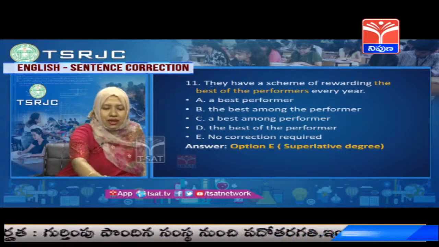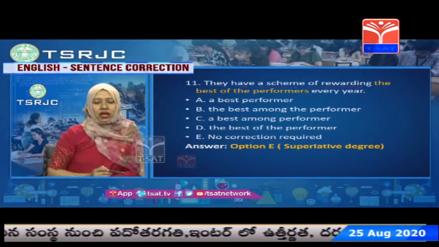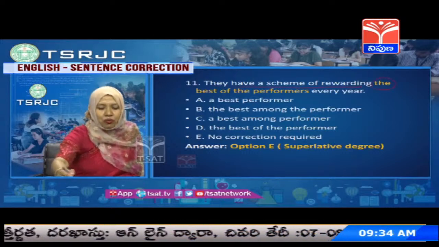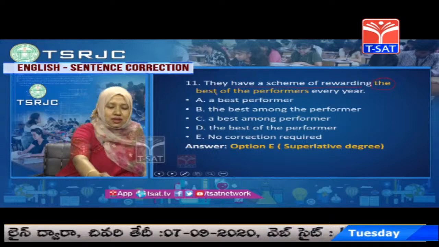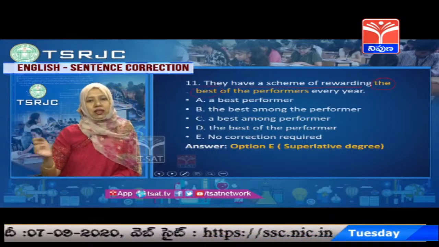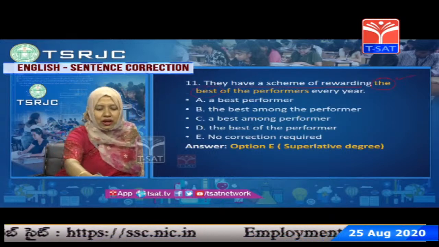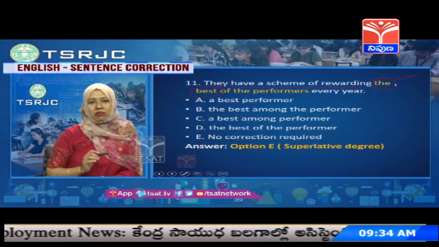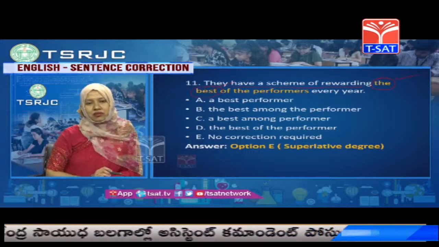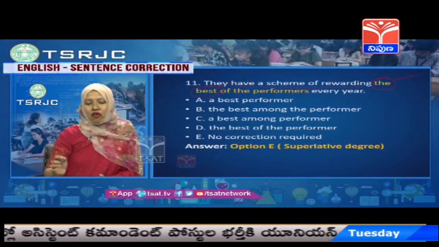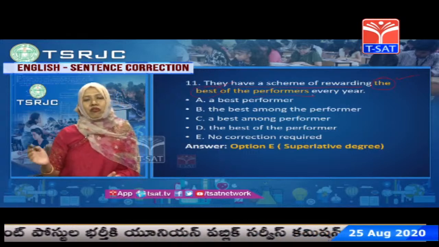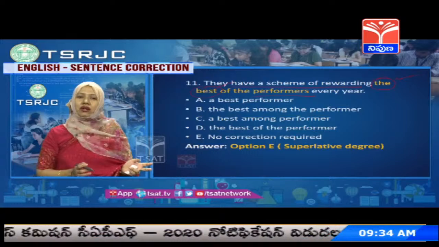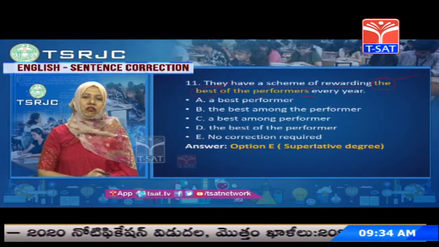If you see the sentence, they have a scheme of rewarding the best of the performers. Now, the is the superlative degree marker, and best is the adjective: good, better, best. So these two are correct. Along with the superlative degree, we are using the best. This phrase is correct: the best of the performers. Out of so many performers, they are rewarding the best of the performers.